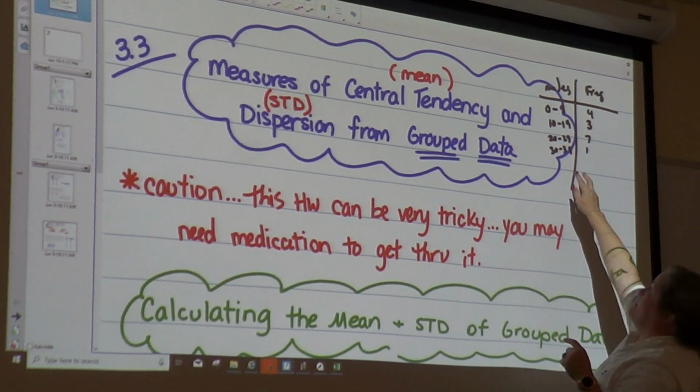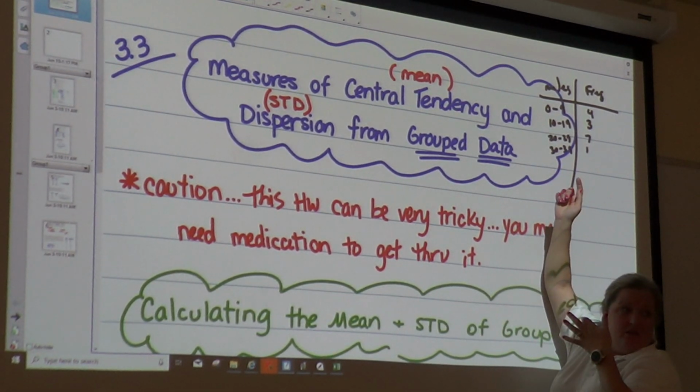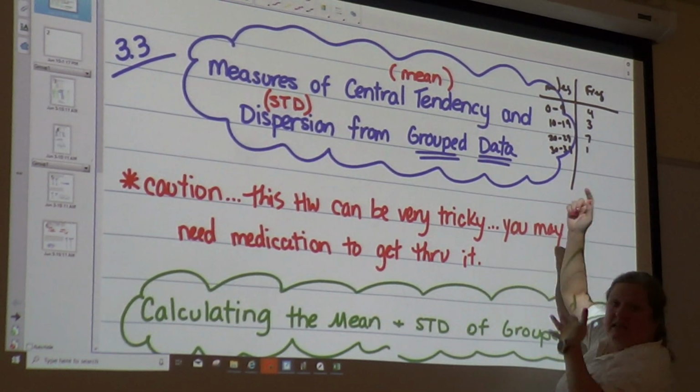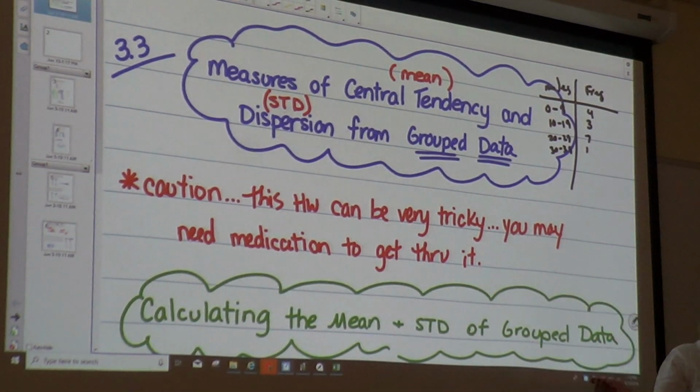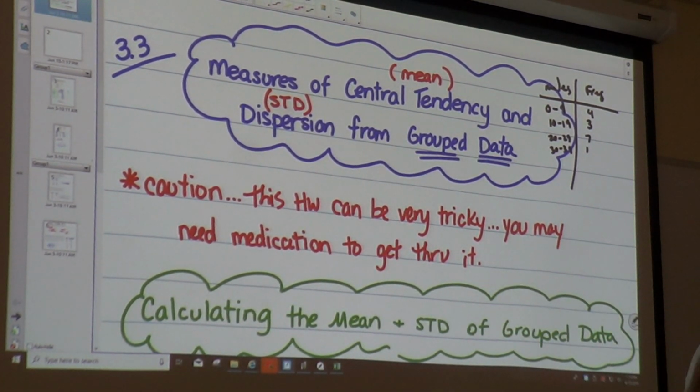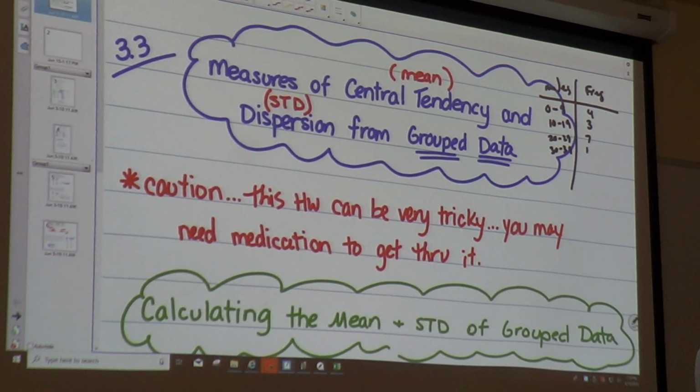Now, here's the problem. I can't put 30 to 39 in my calculator. I can't put 10 to 19 in my calculator, so I have to put a number that represents 30 to 39. How do you figure out what would be a good number that would represent 30 to 39? Or what would be a good number that would represent 0 to 9? Would I use the front number, the back number, a middle number?